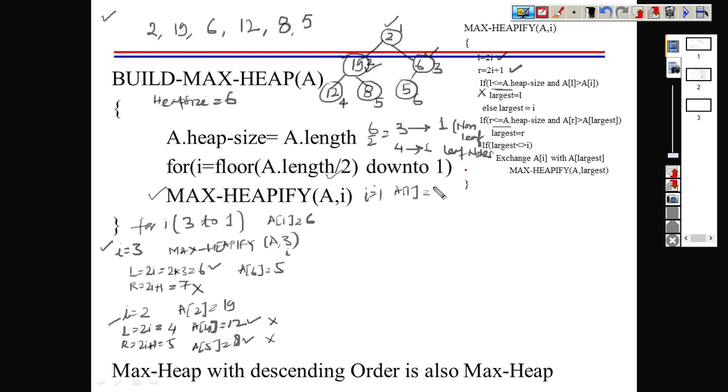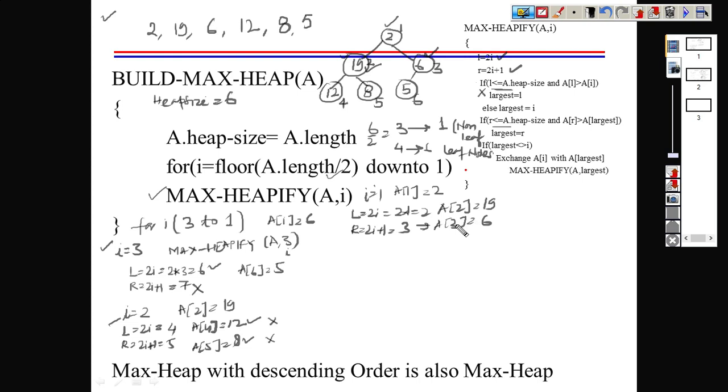This is your parent node, and you have to compare with the child nodes to see whether the order property is satisfied or not. You will find the left child. The left child is 2i, which is 2 into 1, that is 2. The value of the left child is 19, and the right child is 2i plus 1, which is 3. The value of the right child is 6.